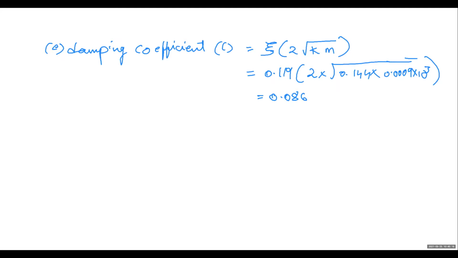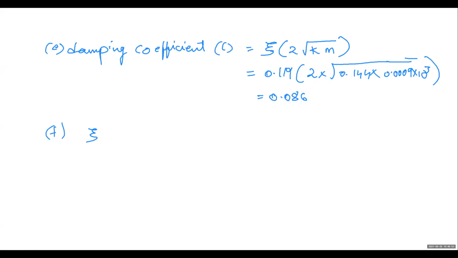Okay, and the final one is, what will be the number of cycles required for the displacement amplitude to decrease to 5 mm, right? So here you will be using the same formula.